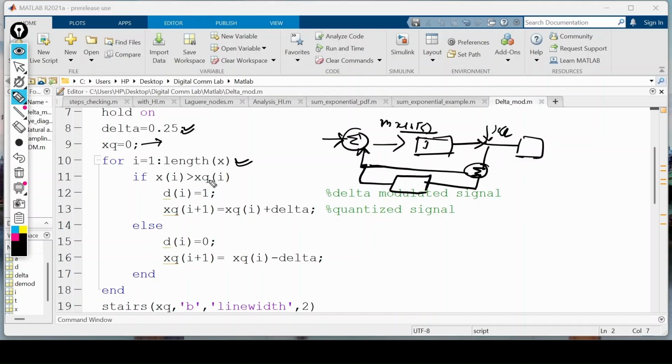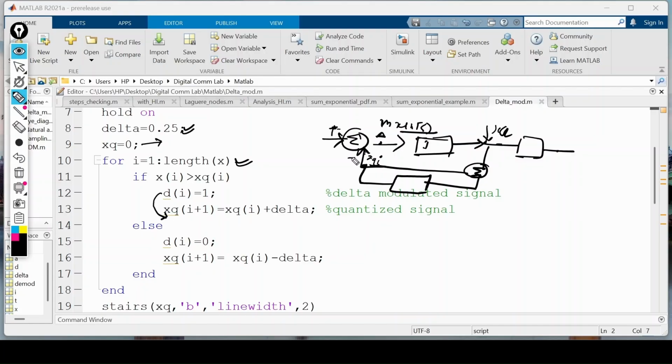If x(i) is greater than xq(i), where this is minus and this is plus, so this is basically a comparator, then this gives you plus delta, right? So d(i) equals 1, for the encoder. You can skip this here, you can write this part first. So xq(i+1) equals xq(i) plus delta.